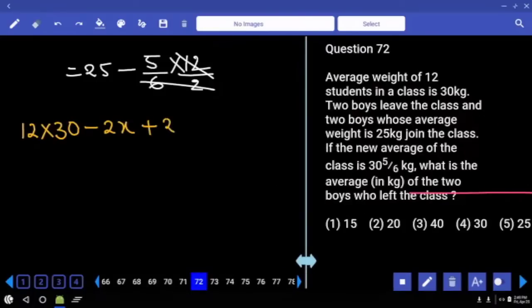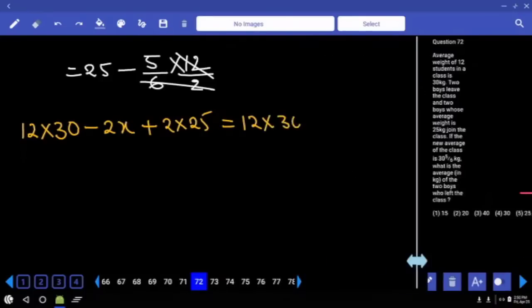Are you okay? This is the sum for 12 people, 2 people going out minus, 2 people joining. Now, this is the sum of how many people? 12 people. Finally, the average of all the people is 35 by 6. Like that 12 people are there, their sum is equal to 12 into 35 by 6. Solve the equation, you will get the answer.